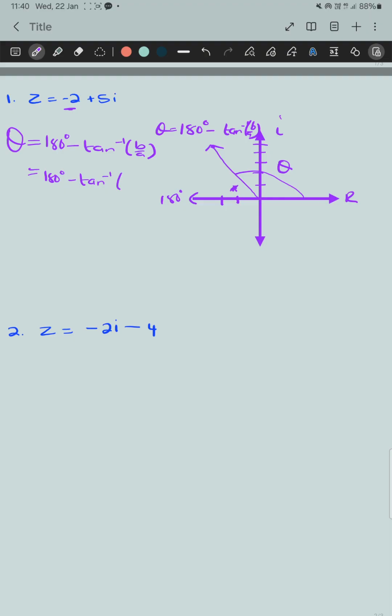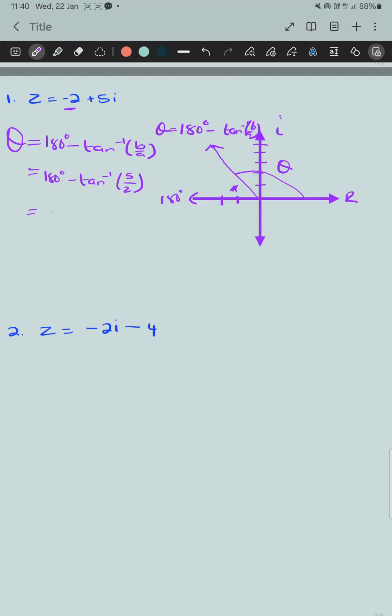By the way, when you do this, you can ignore the signs of the numbers because the formula takes care of them. So my B is 5 and my A is 2. So it's 180 minus arctan 5 over 2.